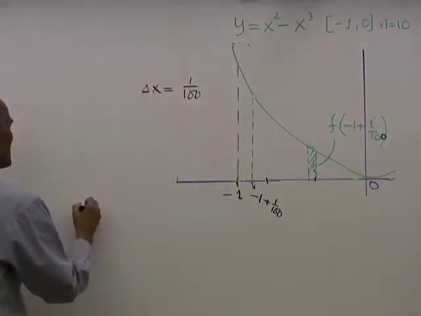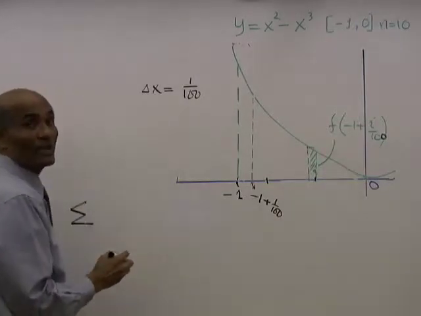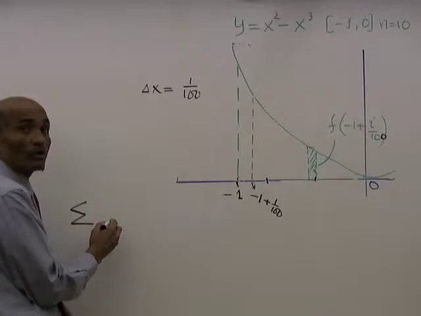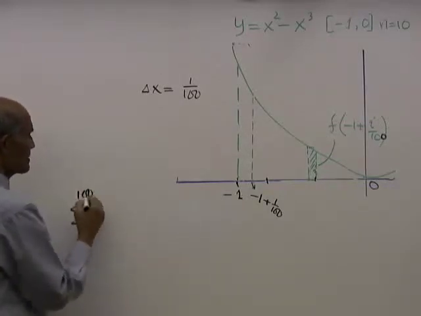What will be the total area like? The total area will be summation of what quantity? i equal to 1 to 100.